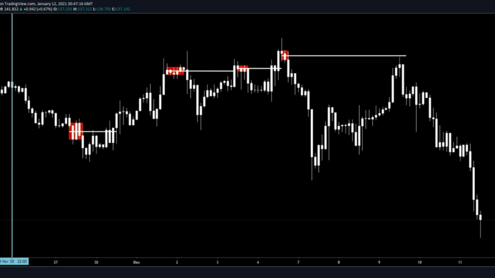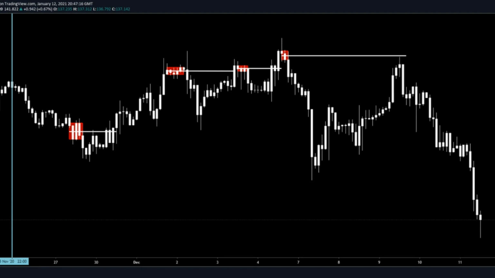Now, the whole point of this particular video is just so you can get an eye on what the structure can look like when it comes to contraction zones. Just looking at the structure. Now, don't just watch this video and then forget about it until the next one. Take this structure, go and look for this structure on your own charts.